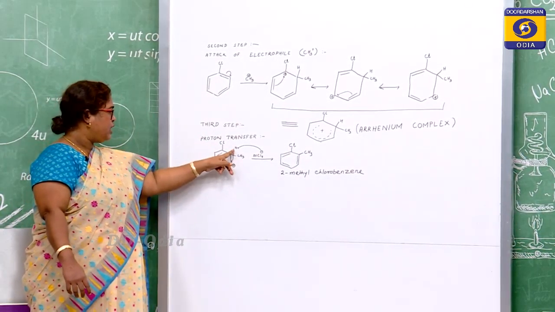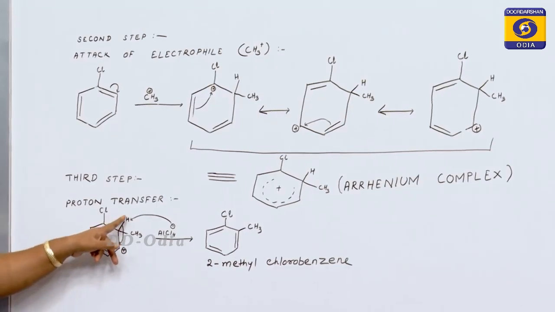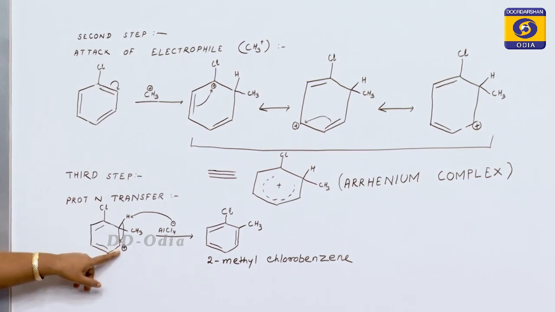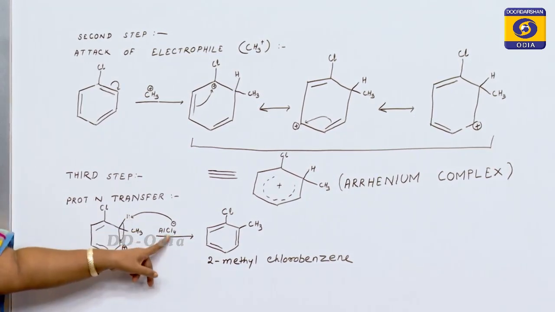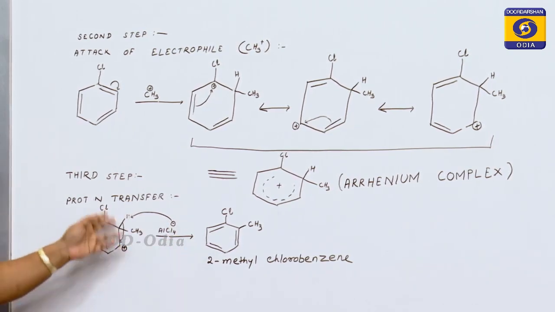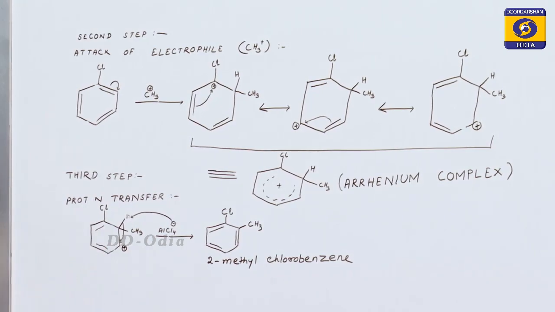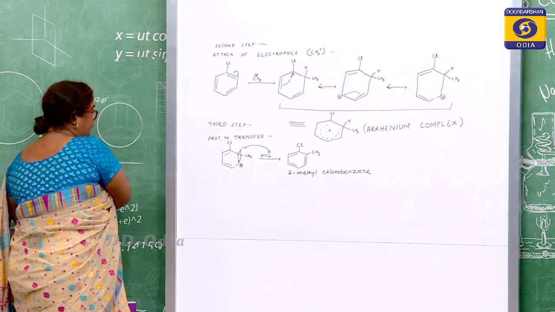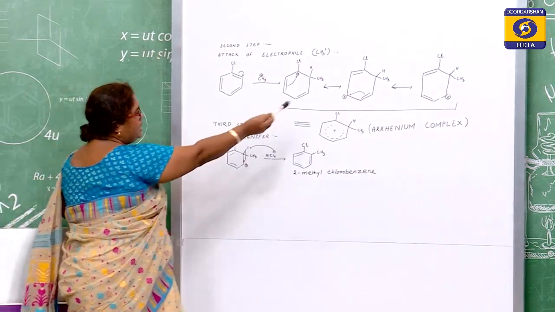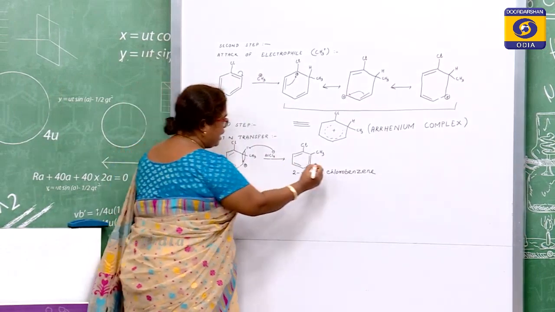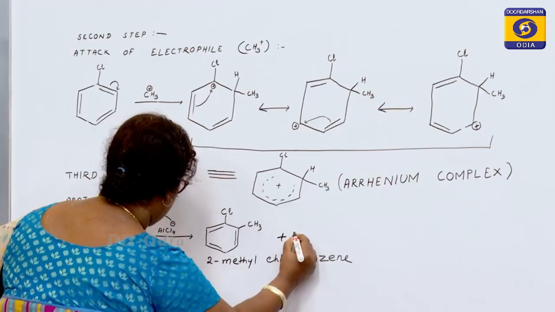In this case, the electron pair of the bond between C and H shifts towards this positive center. The hydrogen ion goes to AlCl4 minus, HCl is generated along with AlCl3, and the aromaticity is regained. You may see that in this case the aromaticity was lost, and in this case the aromaticity is regained.